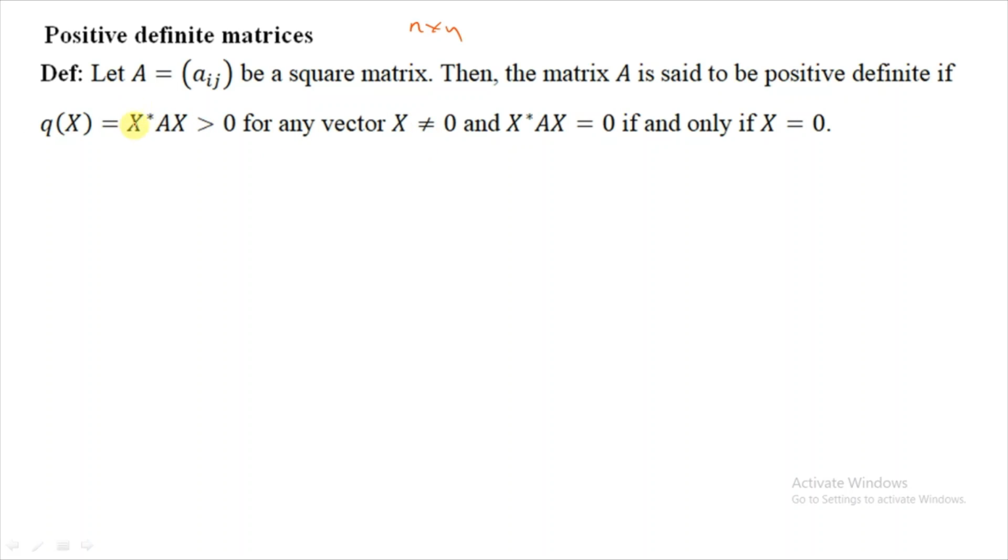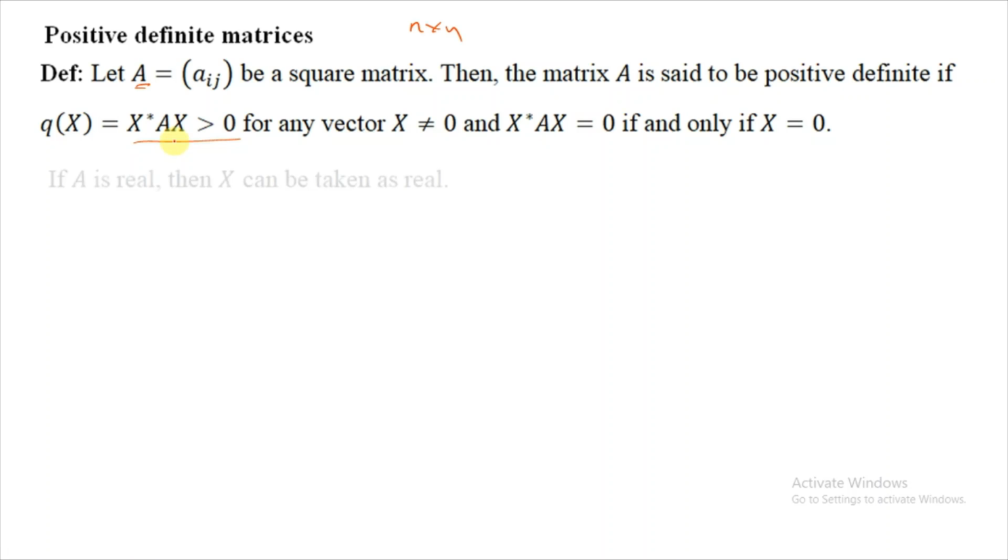X star means the conjugate transpose, into A into x vector. And x star A x is 0 if and only if x is the 0 vector. When x is non-zero, if it is positive, then A is called a positive definite matrix.